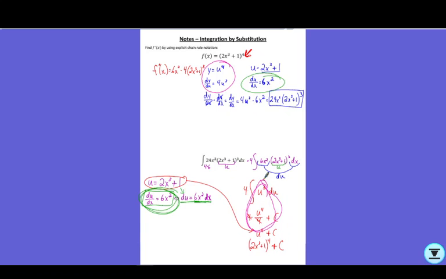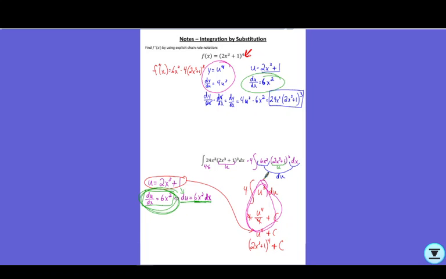So basically, the chain rule derivative that we were doing and the integration by substitution antiderivative are literally inverses. They are exactly the same operation in exactly the opposite order.